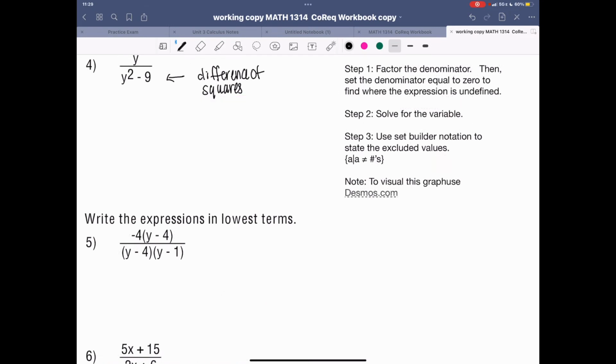Okay, let's look at number 4. So it says y divided by y squared minus 9. We want to use the same steps, but the first thing we want to recall is that the denominator is called the difference of squares. So when we factor the denominator and set it equal to 0, we're going to use that strategy for difference of squares. So step 1 is going to be y squared minus 9.